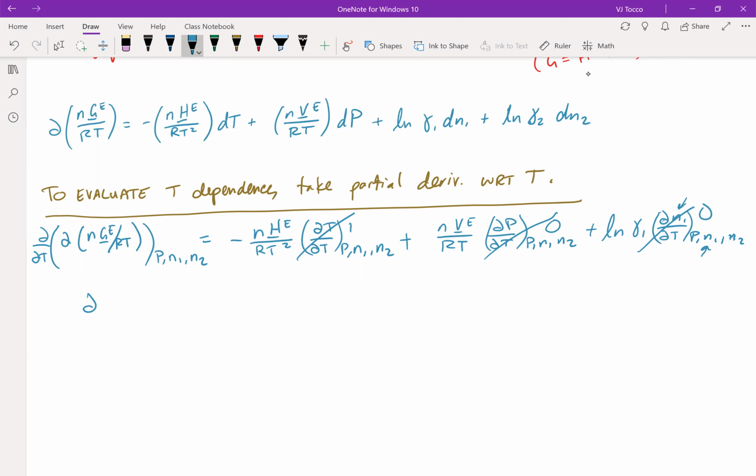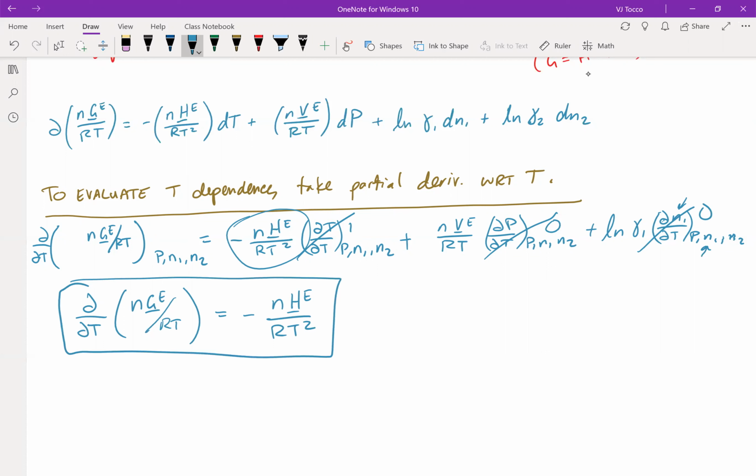So my final expression for the change in this quantity, which is what my model is, the change in excess molar Gibbs free energy over RT, with respect to temperature is now simply this term, minus NHE over RT squared.